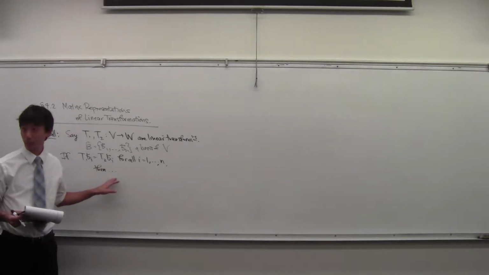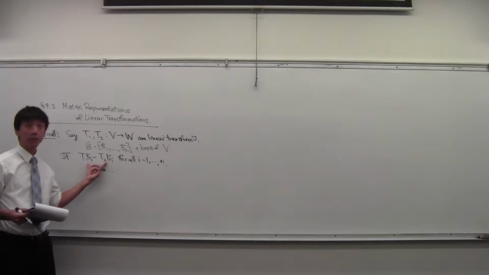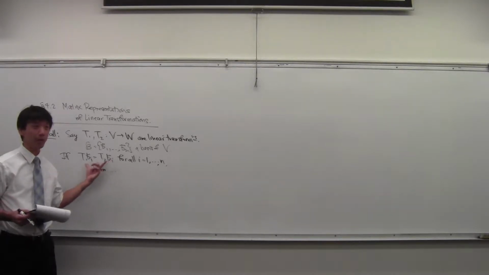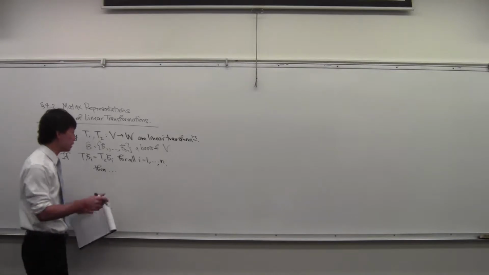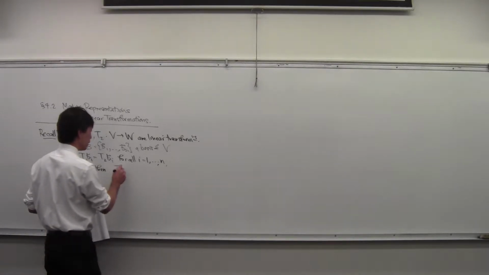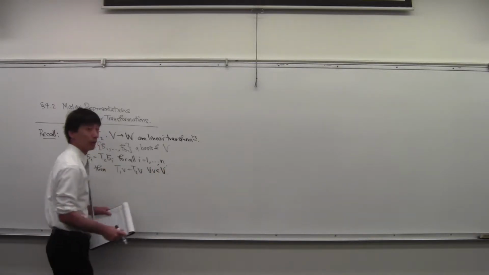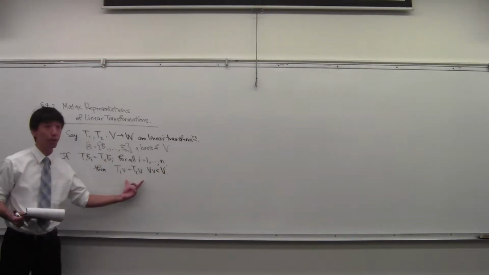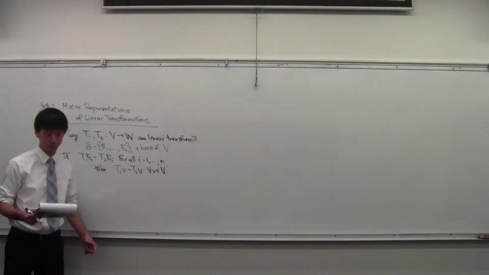If you have two linear transformations and they agree on every element of the basis, then something happens. Lizzie? Then T1 equals T2. Yes, so T1 of v equals T2 of v for all v. If you agree on a basis, then you agree on every vector, that is, your linear transformations will be identical.